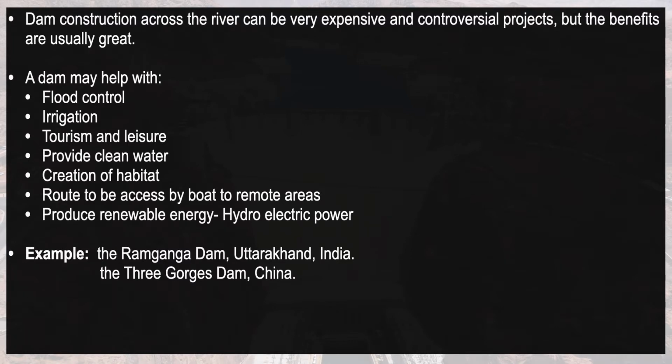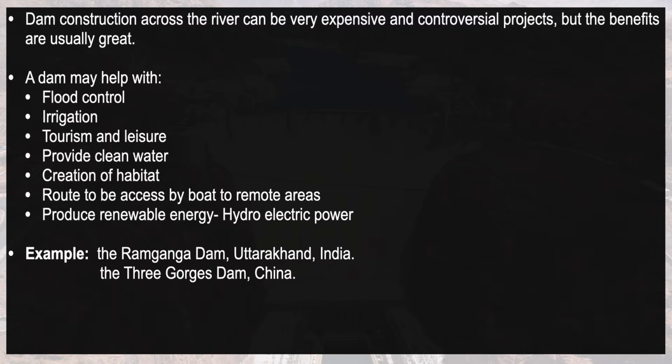the dam is also used as a route to access a remote area. This has been used in the Three Gorges Dam. We're going to look at how the Three Gorges Dam looks, and then the most important part, a dam can also produce renewable energy, which is hydroelectric power. We discussed in chapter 3 how it is produced. The water will flow into the turbine and spin the turbine.